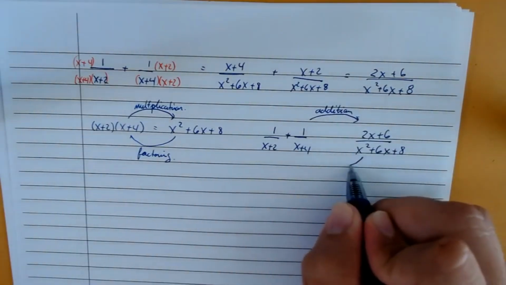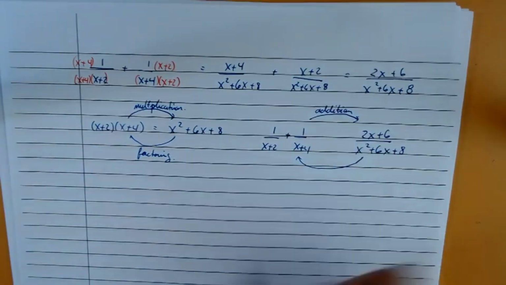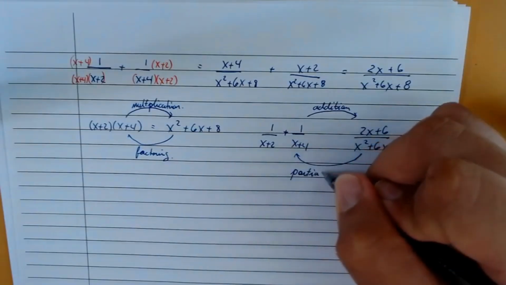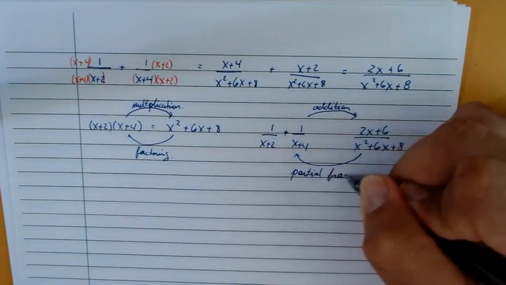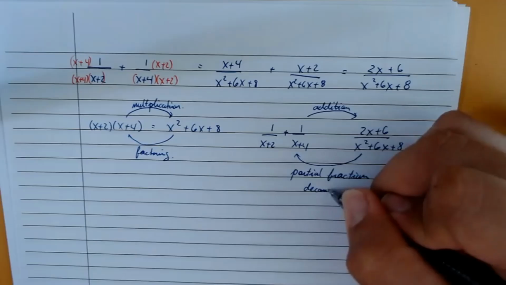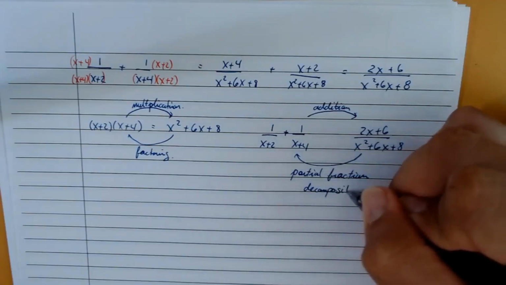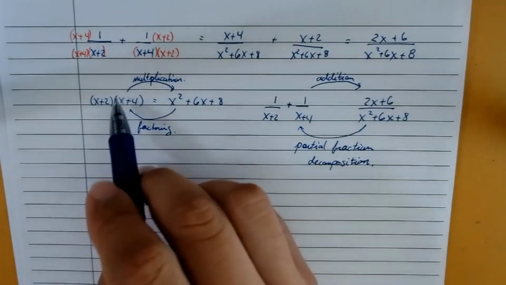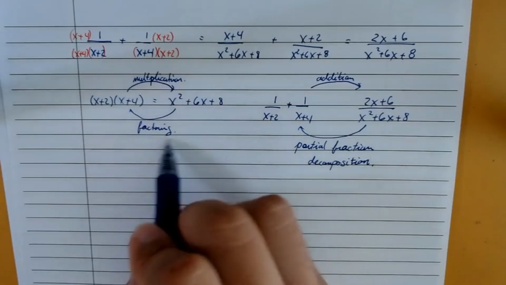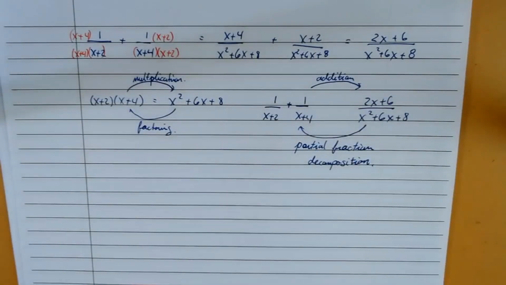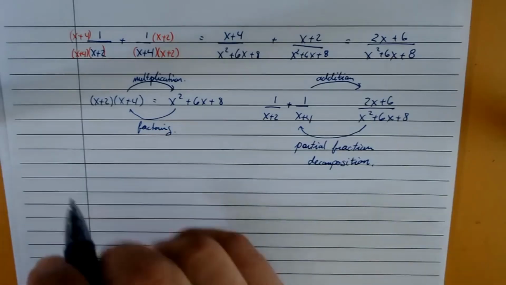But separating it, going back in the opposite direction, this is called a partial fraction decomposition. So multiplication, reversing is factoring. Addition, reversing is a partial fraction decomposition. Okay, so how do we do that?